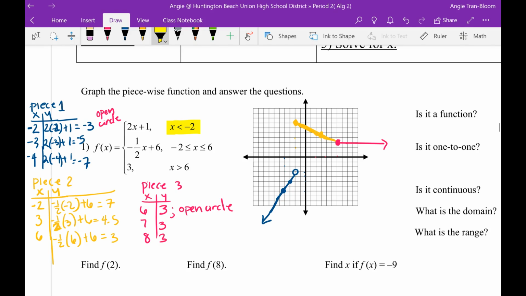If I say -2.0000001, is that still okay? So where would I start? What would be an okay value to be less than -2 that's closest to -2 as possible?